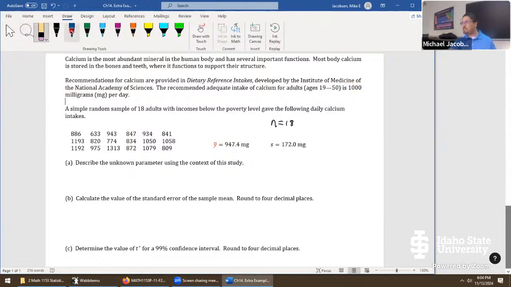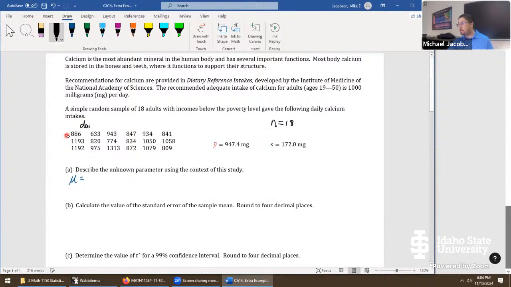So to get started, as all of these problems go for confidence intervals and hypothesis testing, we begin by just saying, what is the parameter? Observing that the data is quantitative, all the numerical values we have, we'll write out mu equals. It's always good when you're looking at data to think, what does this data represent? And this is daily calcium intake in milligrams.